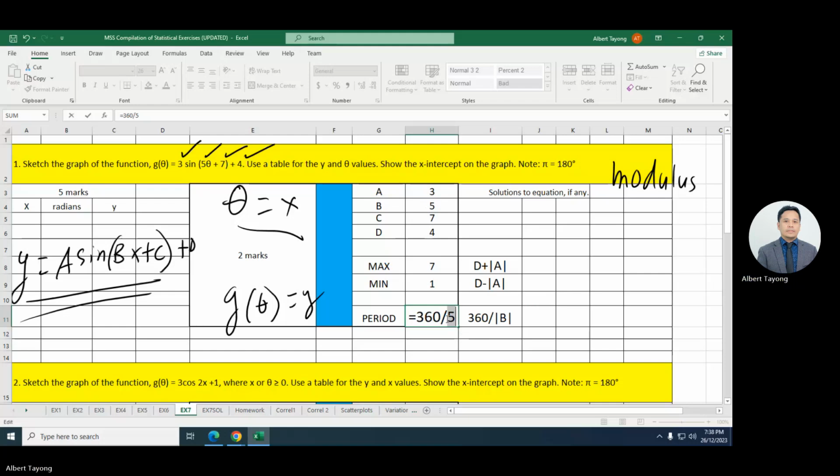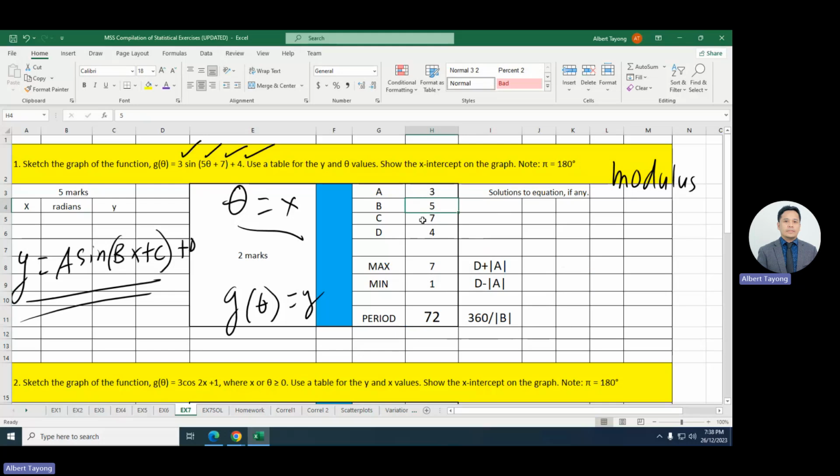Okay, B is always positive. A is always positive. Even if this is negative 3 here, you use the positive 3. Okay, always positive, our A and B. So we are done there.